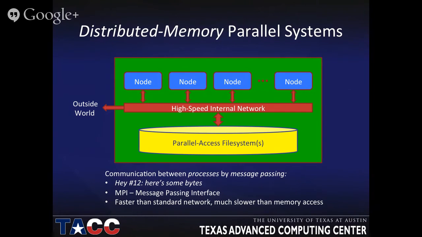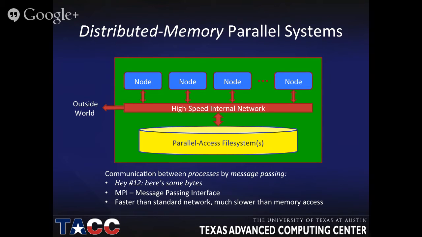The classic kind of parallel system that we have nowadays is what we call a distributed memory parallel system. Distributed memory parallel systems are essentially a room full of what you normally think of as pretty powerful computers, which are effectively standalone computers connected by a high-speed internal network.